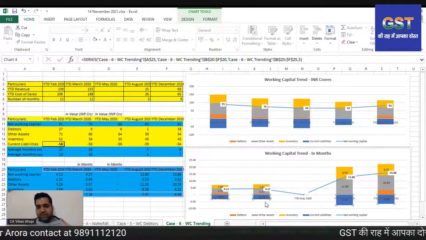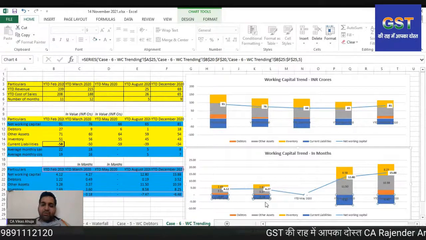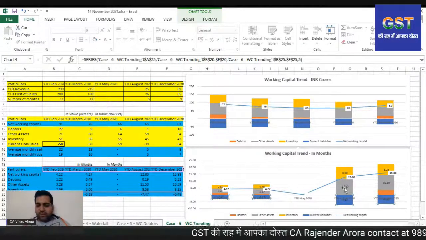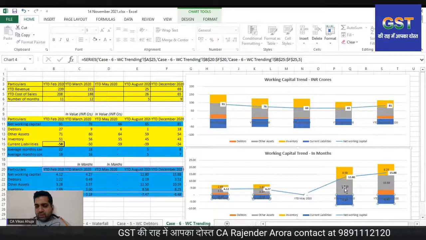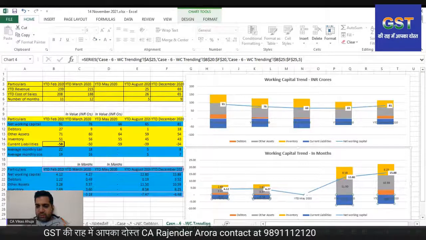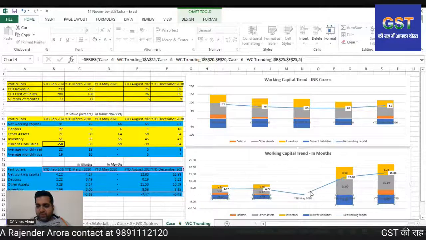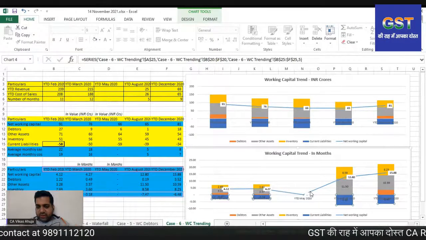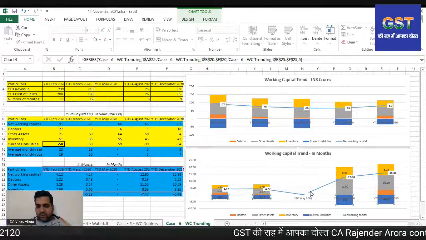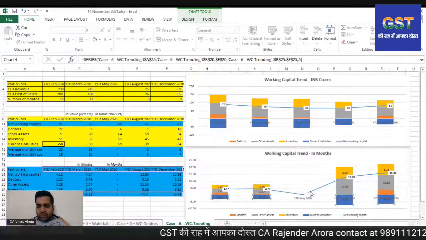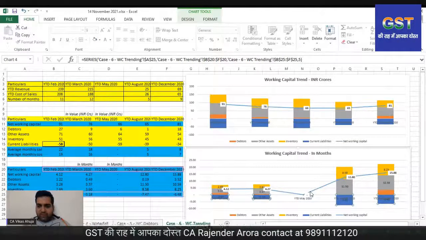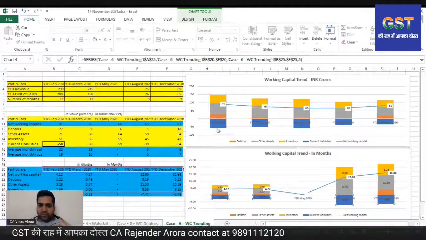That is why my current liabilities are not increasing that much. It's just double. But if you look at the current assets part, all my debtors and my inventory have both gone beyond 4 times, which is not an ideal case. There is obviously something which was not planned well. There was some planning issue that happened, which needs to be scrutinized.